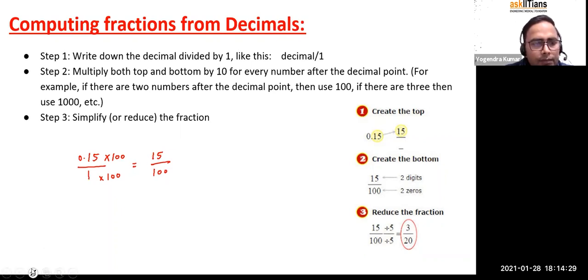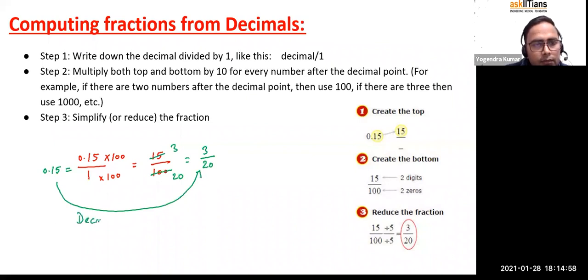We can divide by 5. 5 threes are 15 and 5 twenties are 100. Is that clear? So 3 divided by 20 is what we have. This was what was given to us, 0.15.